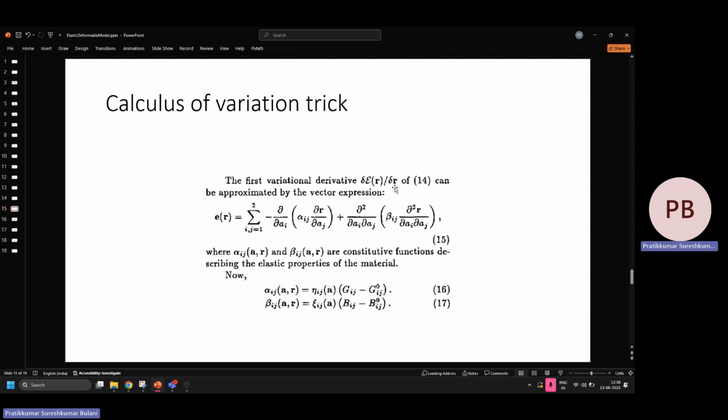R is actually a function of a comma t, so that a comprises a1 and a2 in scalar form. While taking the derivative, I tried to apply the existing Lagrange Euler. If you remember the derivation of the Lagrange Euler equation, I tried the same over here, but it didn't work out the same way.